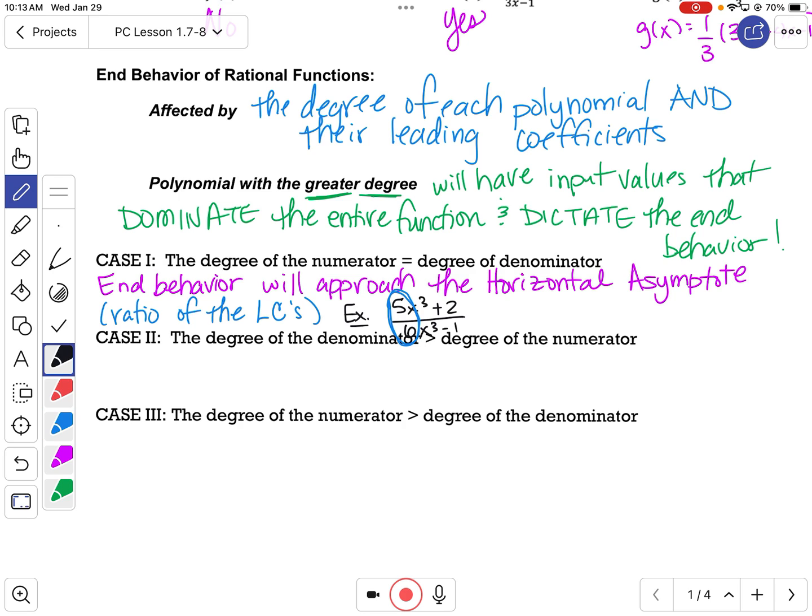So my end behavior would be this: the limit as x approaches negative infinity of f of x would equal 5 over 6. The limit as x approaches positive infinity of f of x would be 5/6. It's going to approach my horizontal asymptote, that ratio of the two leading coefficients, only when the numerator equals the denominator in terms of degree.